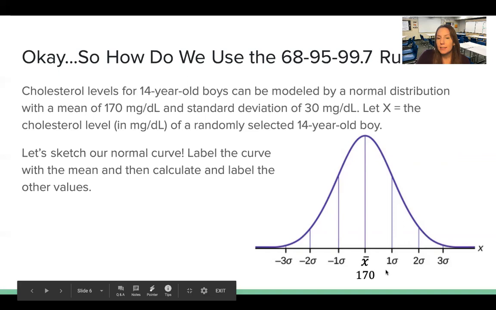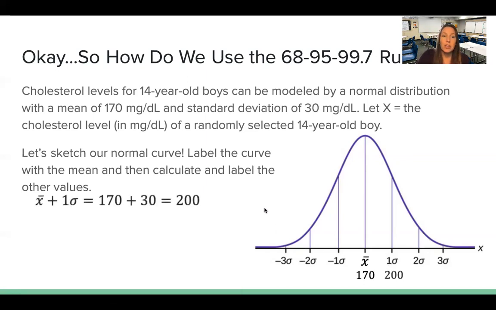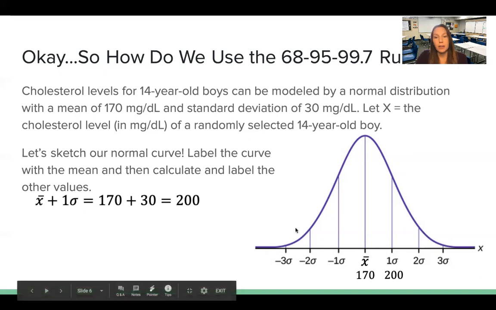What we're gonna do next is label all of these other values so we know at what point our data is 1 standard deviation below or 1 standard deviation above, and then it will make these questions a little bit easier to answer. So we know that the mean plus 1 standard deviation would be 170 plus 30, which is 200.